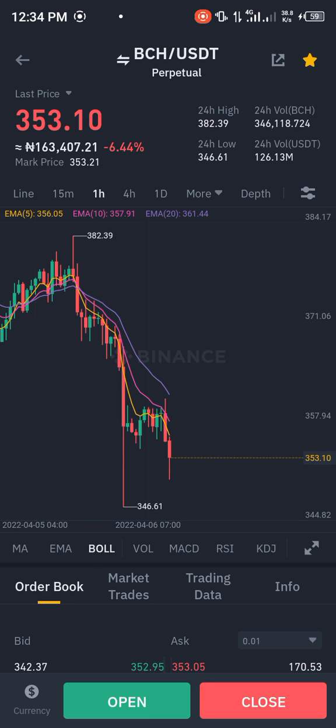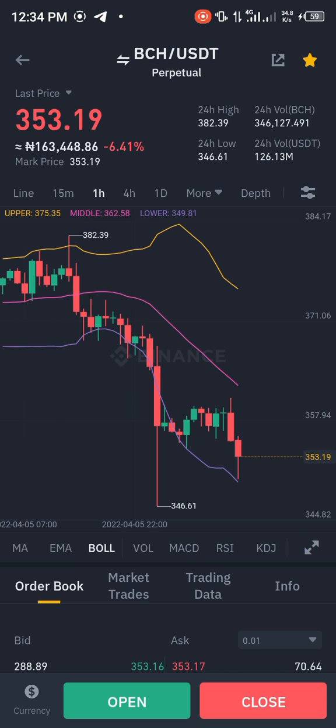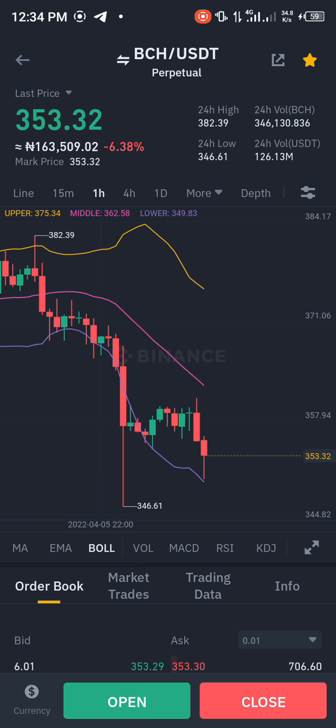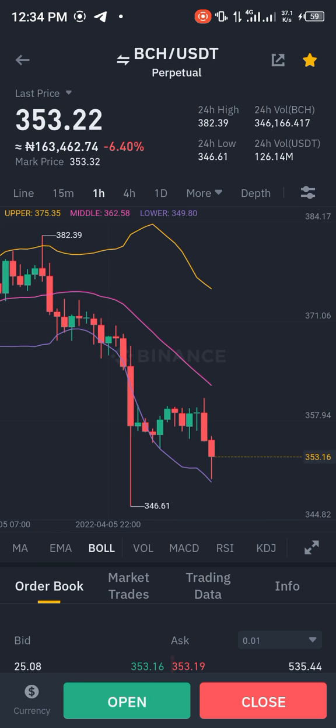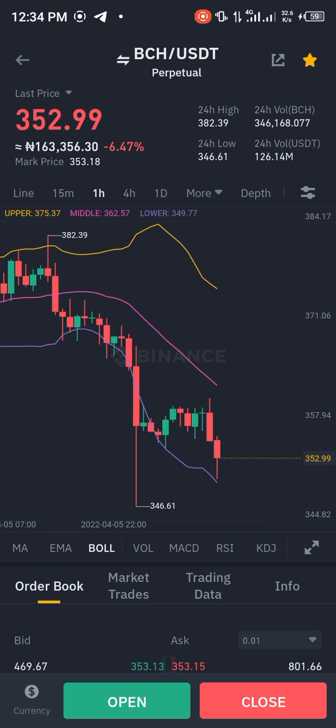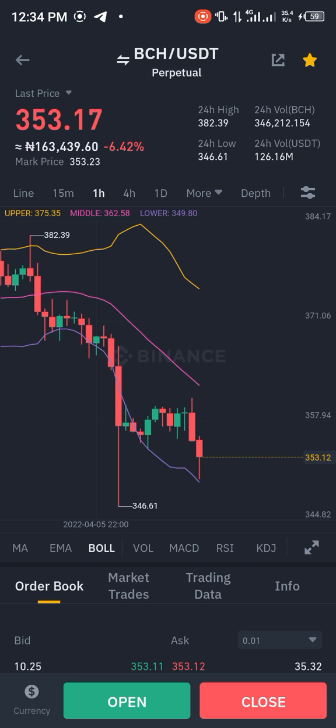Then going ahead, we use the Bollinger Band. If you look at the candle chart, you see that the Bollinger Bands are pointing downwards. I said in the previous video on indicators that when using the Bollinger Bands, when two are pointing in a direction, it's better for you to take your analysis towards that direction.